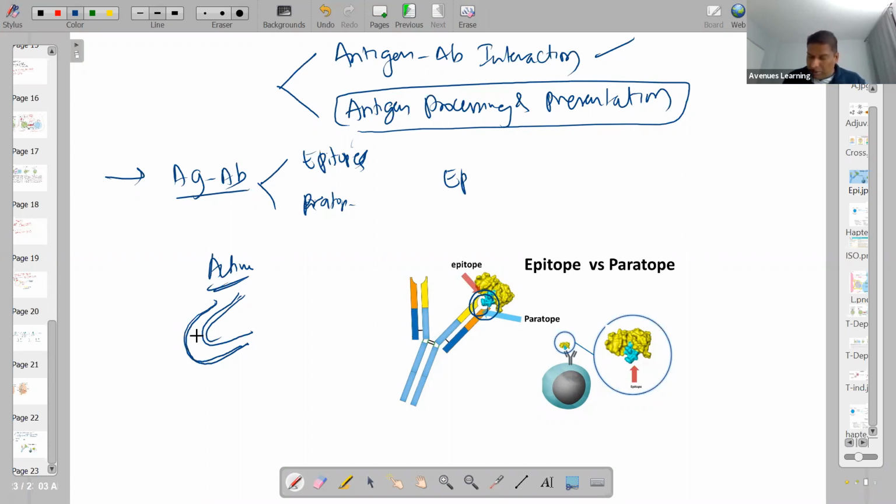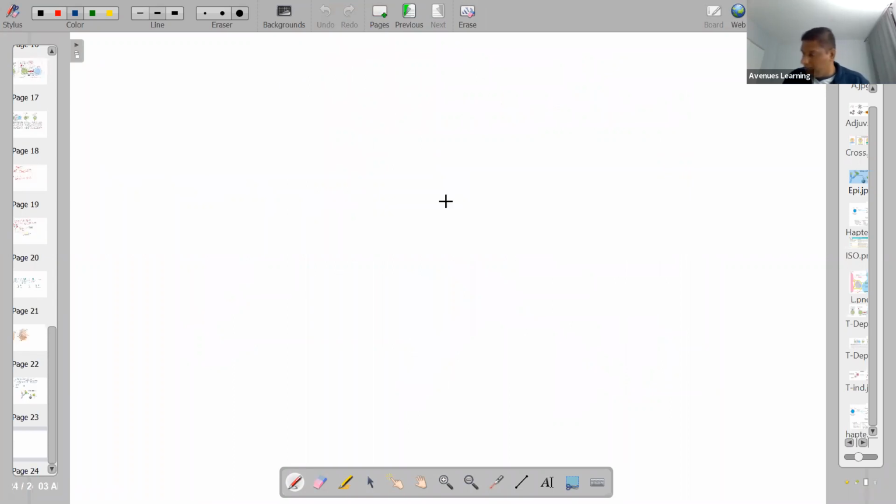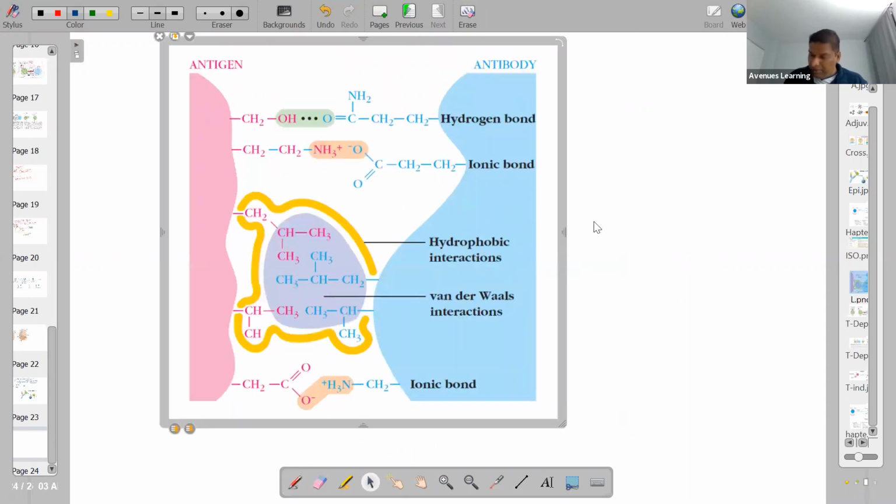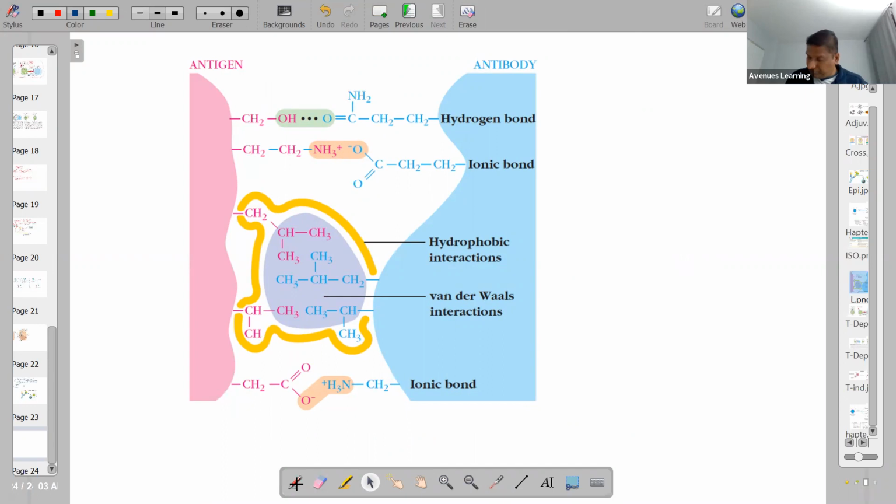Now if you look at the interactions happening here between the paratope and the epitope, you will see that none of the interactions are actually covalent. The pink one is your antigen, and this is your antibody.